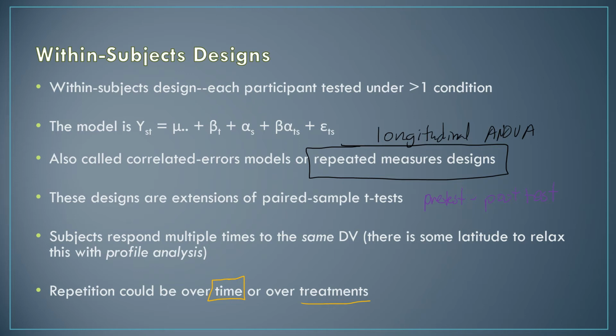So then session 1 dependent variable value could be compared to session 3 dependent value and look and see if there's mean differences across all these different treatment levels.